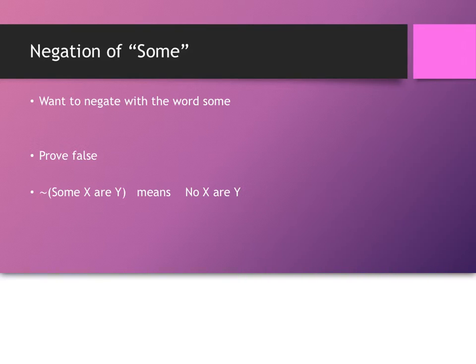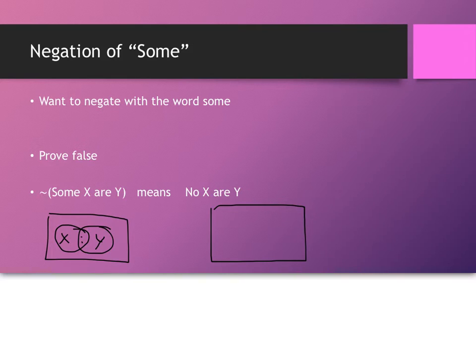Now, if I say some x are y, and I say, let's negate that. Well, let me first draw a Venn diagram of some x are y. X, y. So all we're saying is there are things in the middle, some x are y. So if I want to negate that, basically I want to say that there's no intersection.